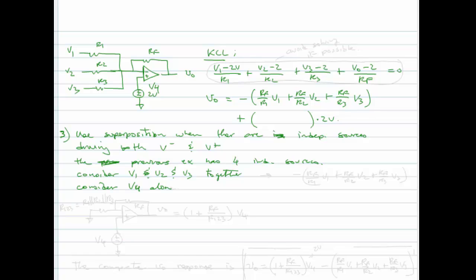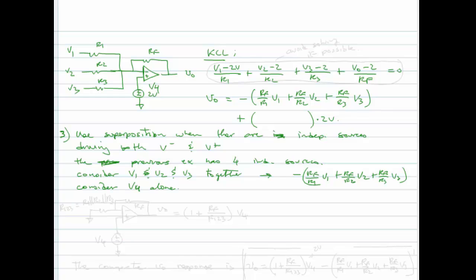Now you could consider V1 by itself, V2 by itself, V3 by itself. That's fine. But since we've already worked the problem where we did V1, V2, and V3 all together using KCL, we already know that answer. That's going to be minus RF over R1 V1, plus RF over R2 V2 plus RF over R3 V3.